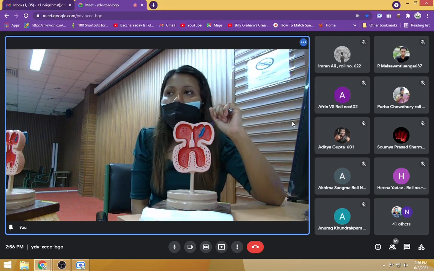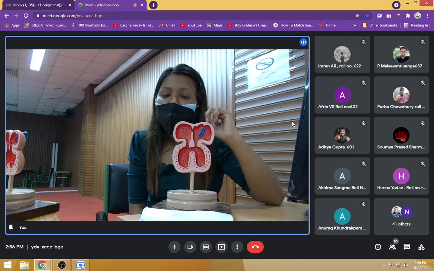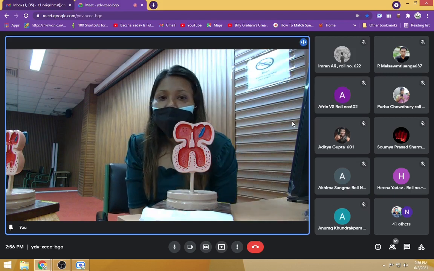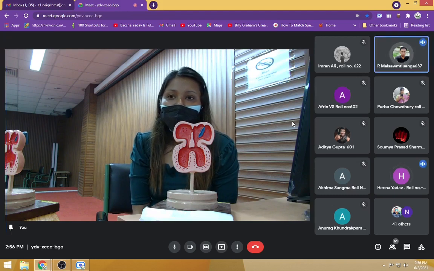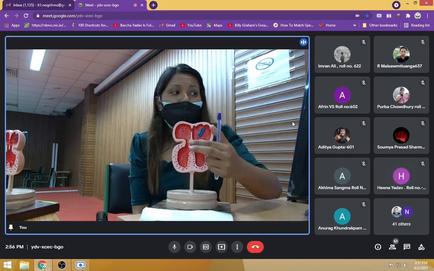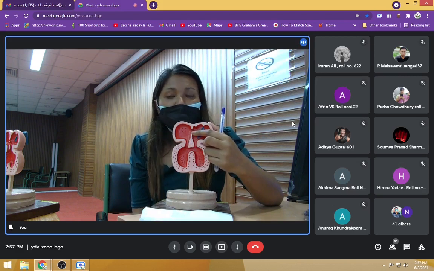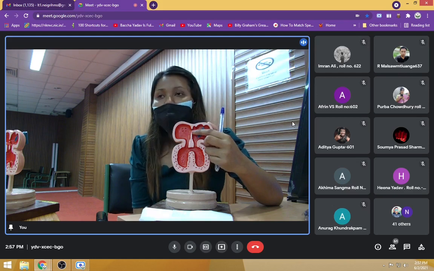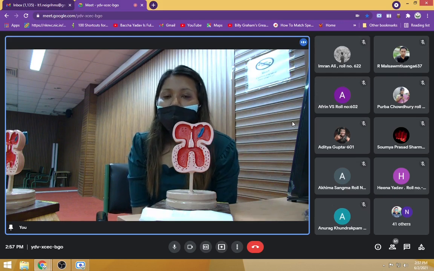So, what constitutes the fossa ovalis? Not the septum secundum. The fossa ovalis is constituted by the septum primum, because this big septum is the septum primum; the upper part of the septum primum constitutes the fossa ovalis.